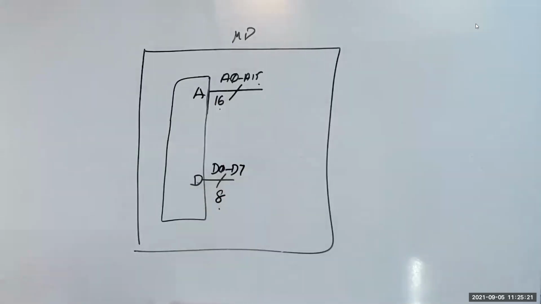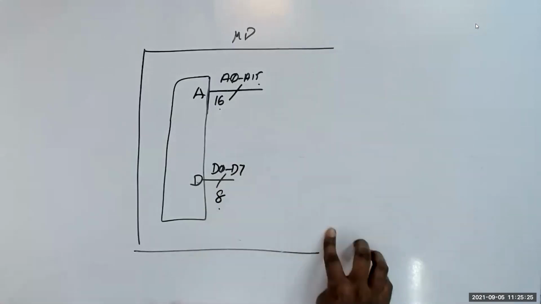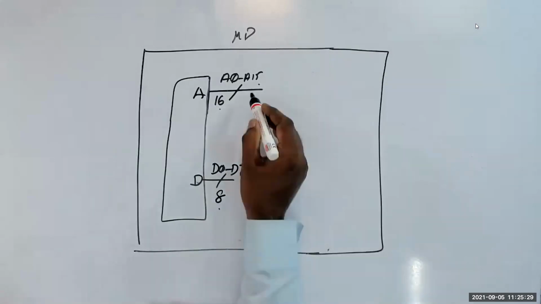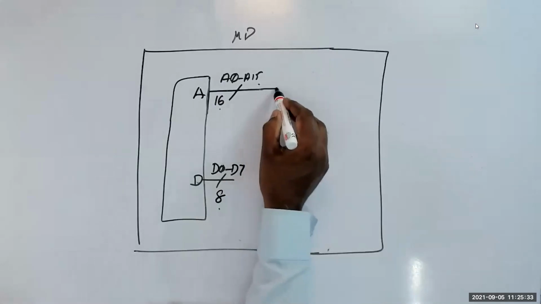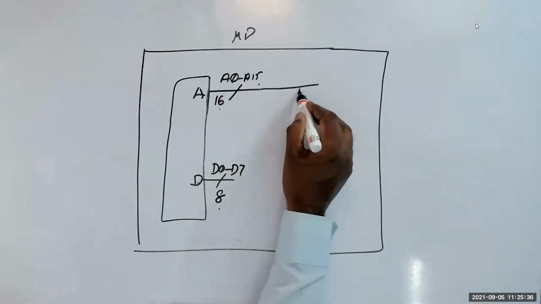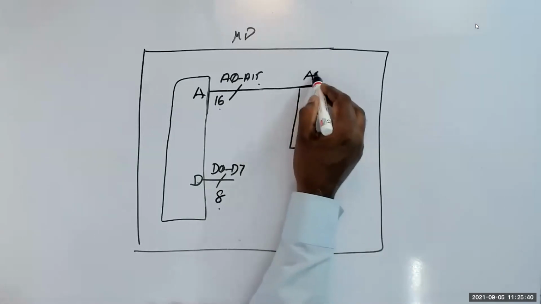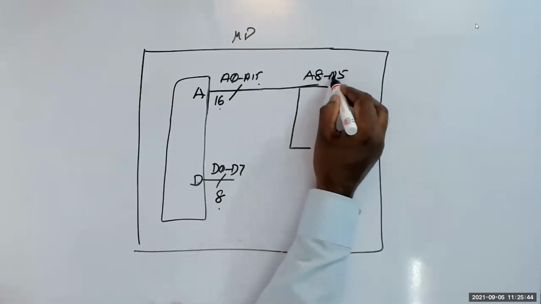See, what the Intel people very interestingly did was take these address wires and divide them into two groups. One group is A8 to A15, and that comes out directly.